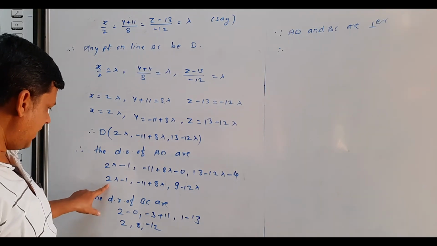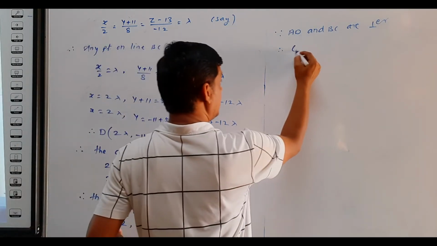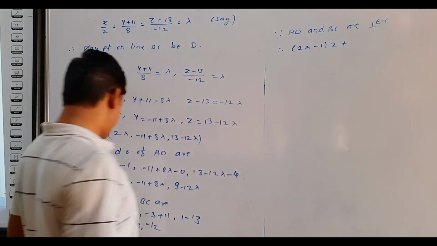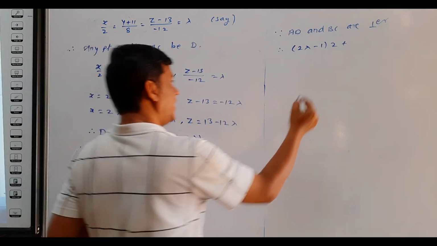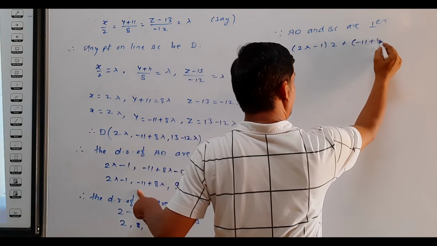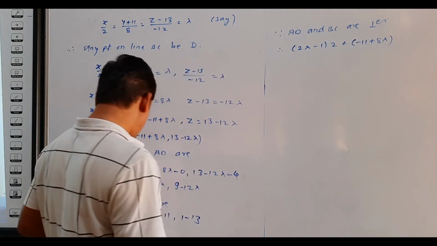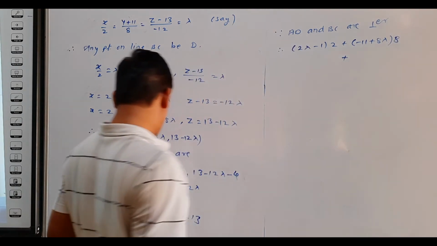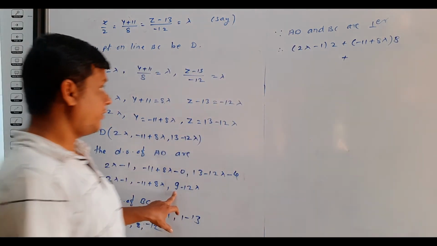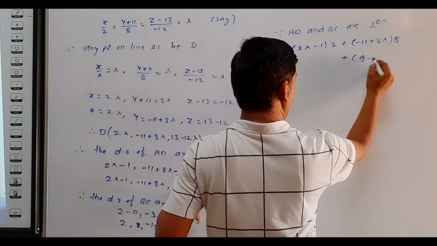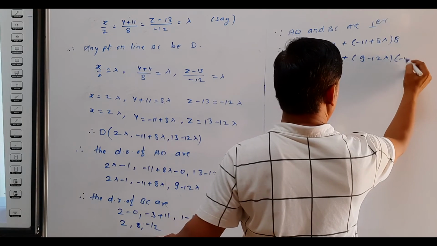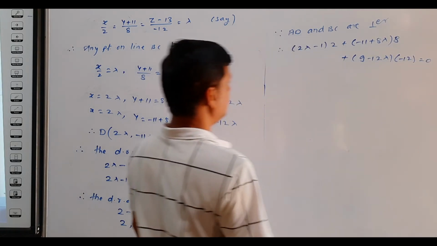So we write here 2 lambda minus 1 into 2, plus minus 11 plus 8 lambda into 8, plus 9 minus 12 lambda into minus 12 is equal to 0.